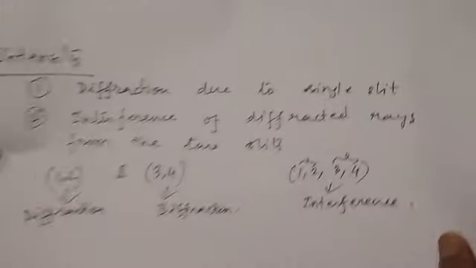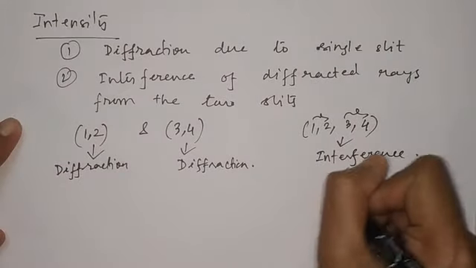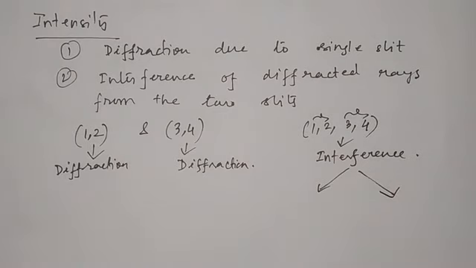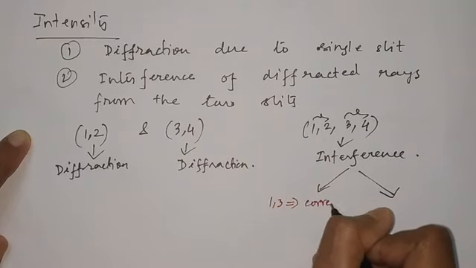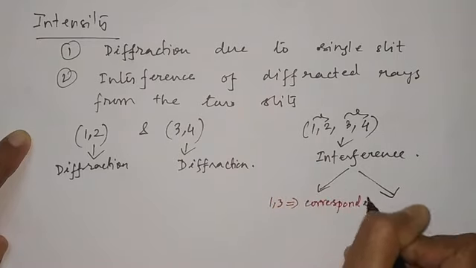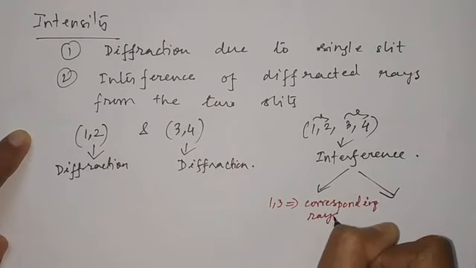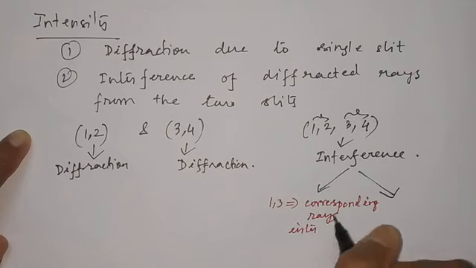So we can say that in the interference, these 1 and 3 are corresponding rays, and they interfere.